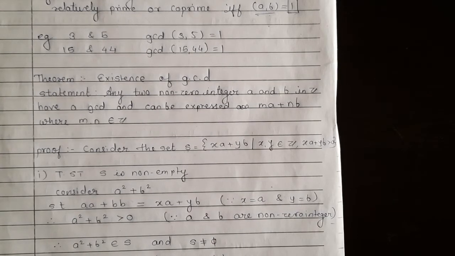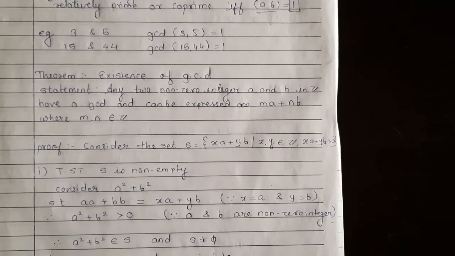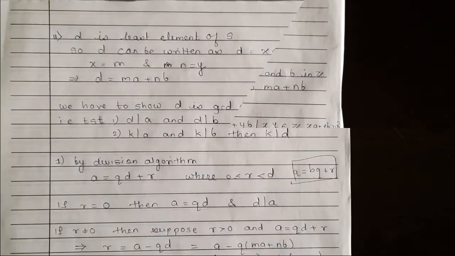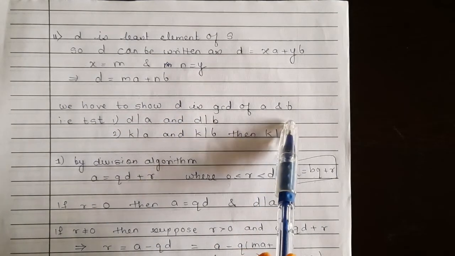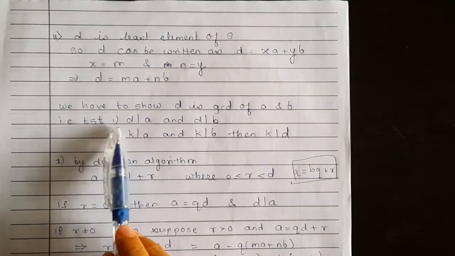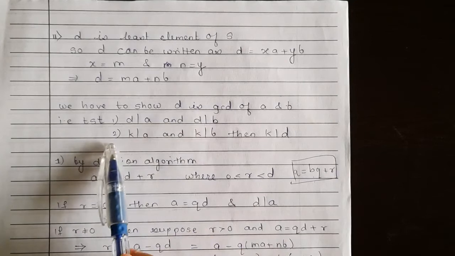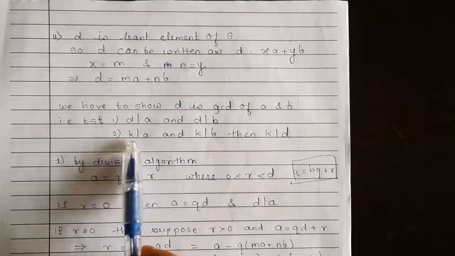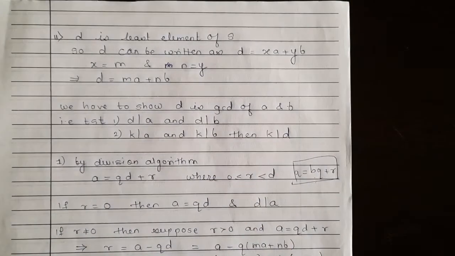In step 2 we take an element D, which is the least element of set S, and then we show D is the GCD of A and B. By the definition, we show this condition, that is D divides A and D divides B, and in step 2, K divides A and K divides B, then K divides D. We show the first part by using the division algorithm.